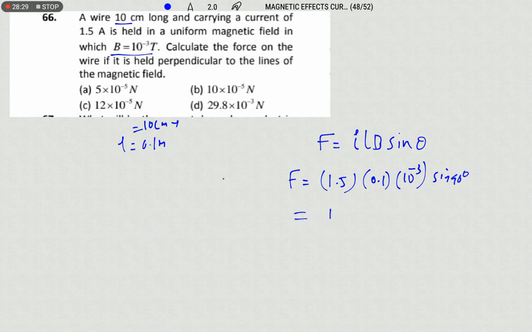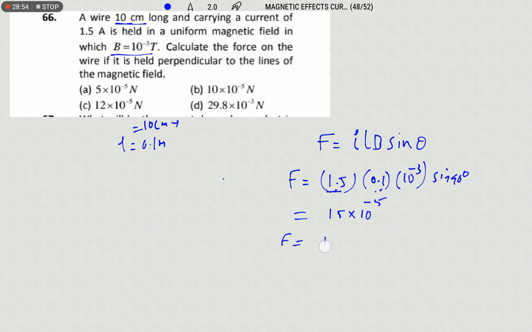Therefore 1.5 is the current, in the same way length of the wire, so 15 into 10 power of minus 5 we are going to get.